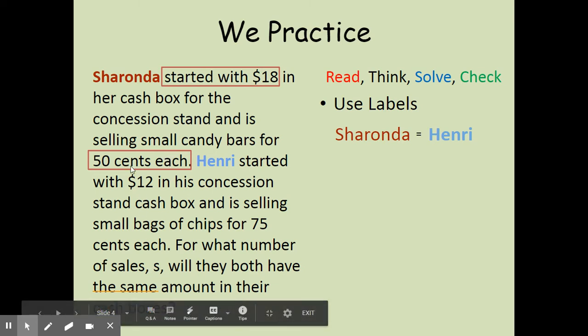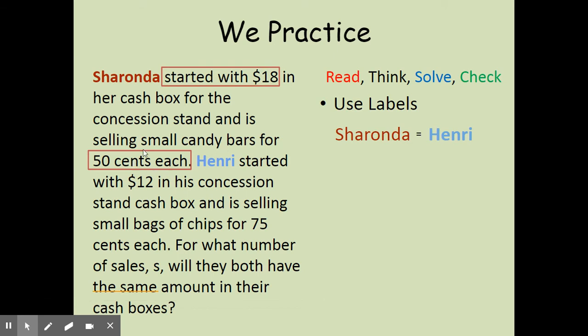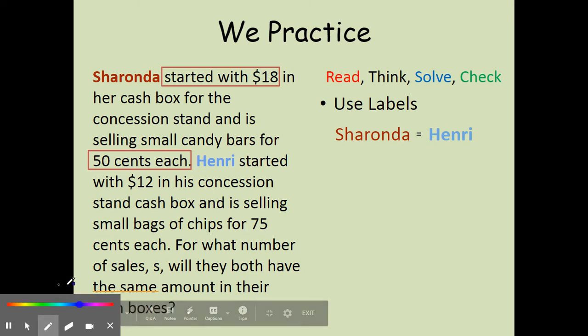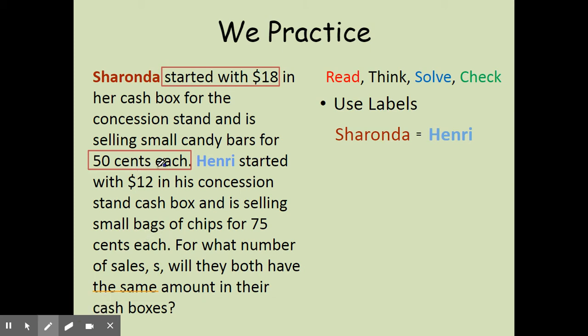So if she's selling candy bars for 50 cents each, do I know how many candy bars she sold? No. So I'm going to be placing my variable here. And bear with me, this is going to be an ugly S. And it says my variable is an S, so 50 cents each. I don't know how many she sold, so I'm placing my variable.